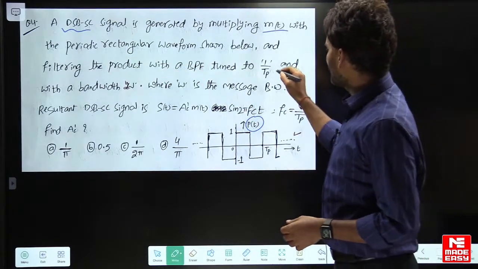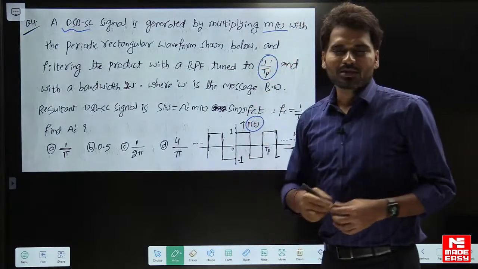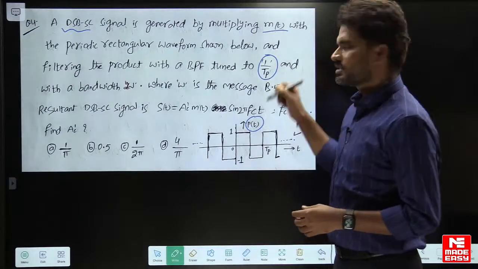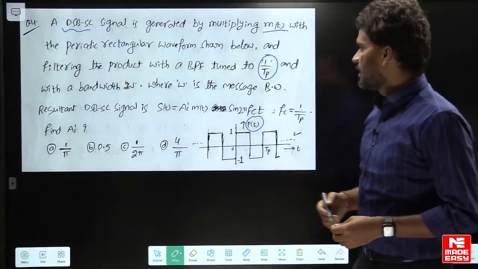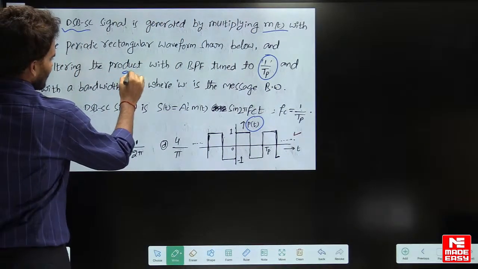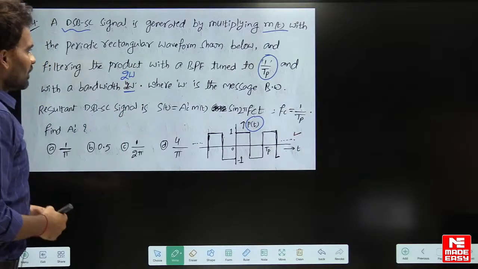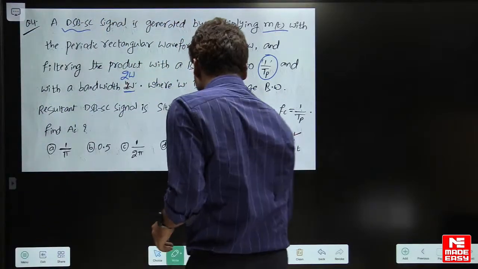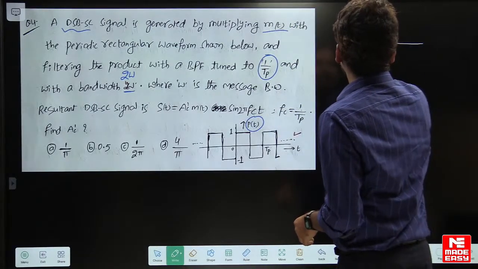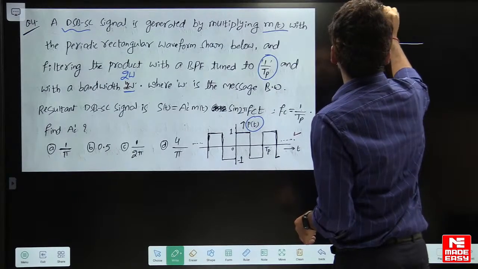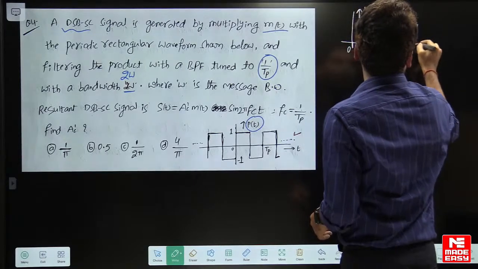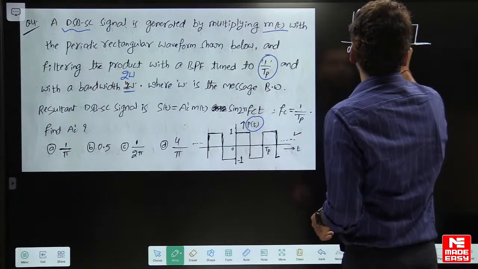The band pass filter is tuned to 1 by Tp, which means the pass band of the band pass filter is centered about 1 by Tp, and with a bandwidth of 2 omega. So if you see the transfer function of the band pass filter, by default we take it as an ideal filter only.